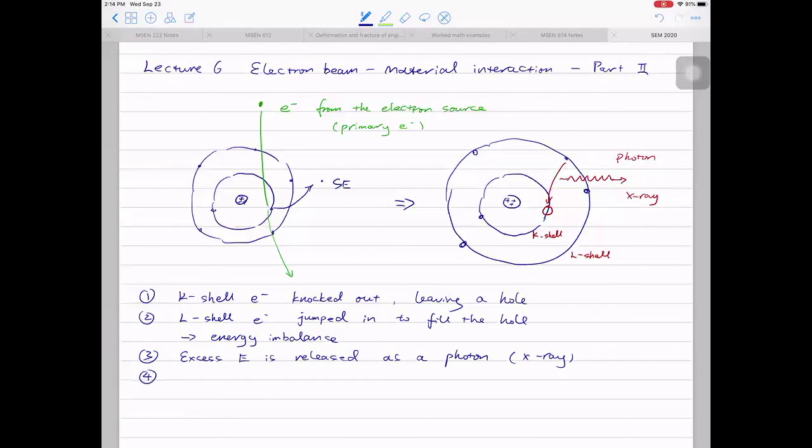Because the energies of orbitals are characteristic, delta E is also characteristic, like a fingerprint.